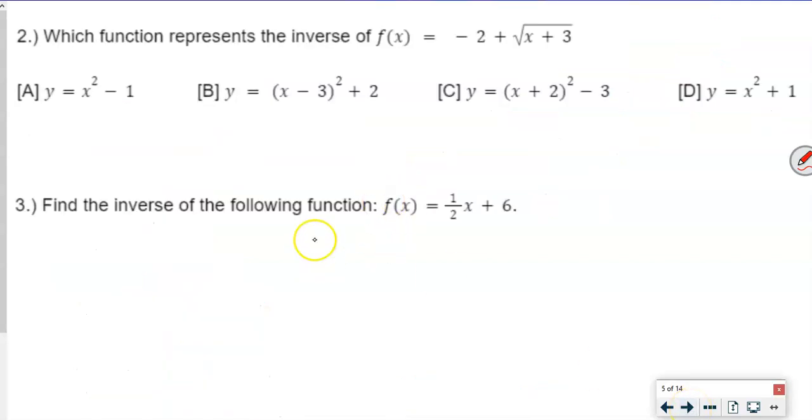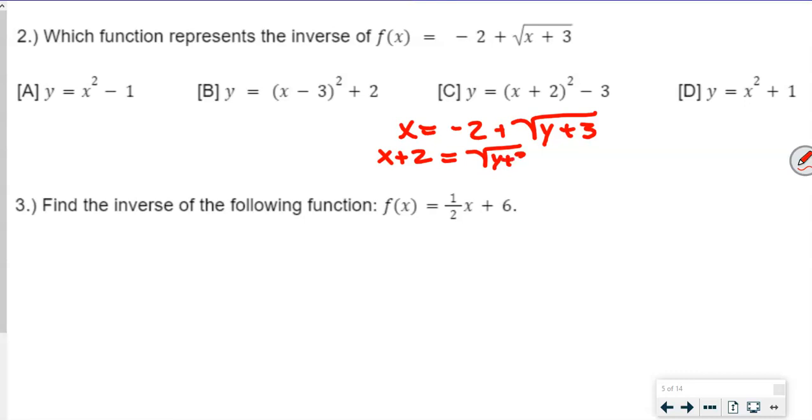All right. So number 2 says the function which represents the inverse. Which one? So here again, we're going to rewrite this. I'm going to say x equals -2 plus the square root of y plus 3. Remember, we're swapping x and y. So we're going to add the 2 to both sides. That's going to be x plus 2 equals the square root of y plus 3. We're going to square both sides to get rid of the square root.